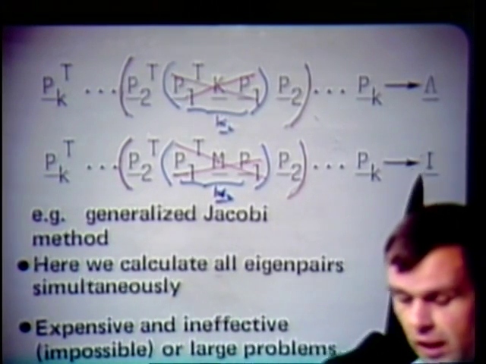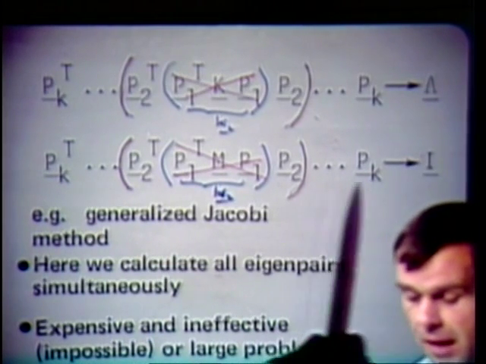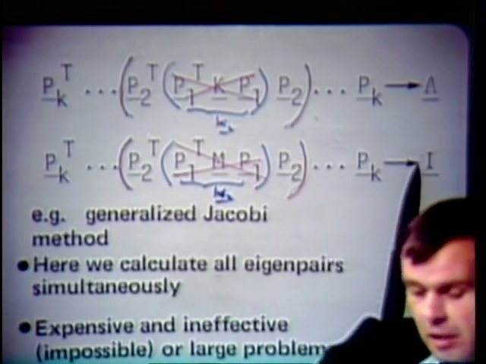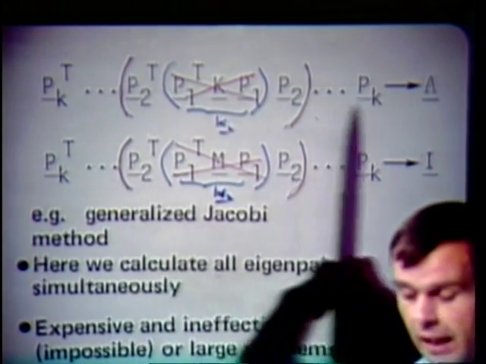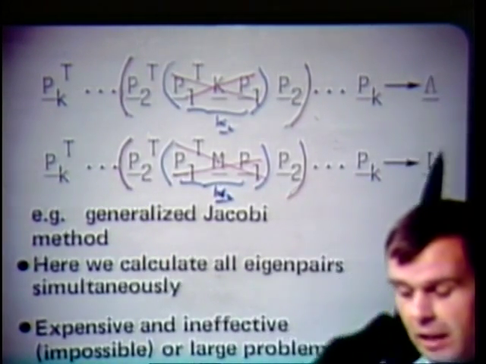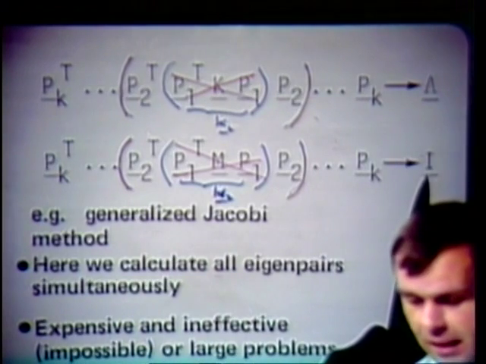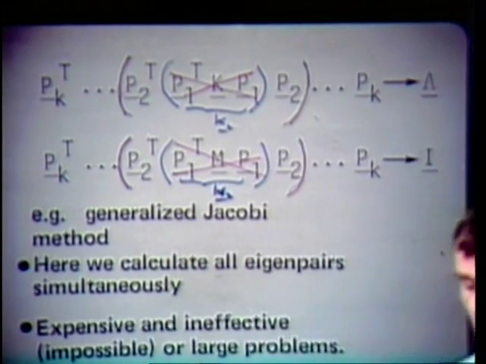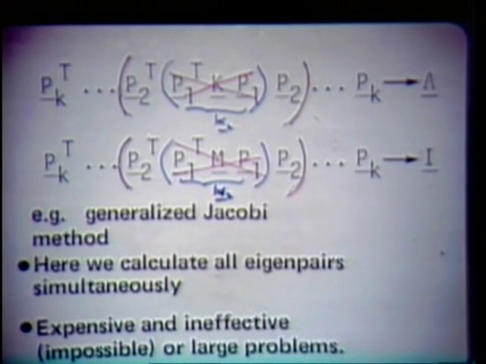It converges, and we get a diagonal matrix here. With proper scaling, it will be the identity matrix. And here we are getting also a diagonal matrix. And if this is an identity matrix, this will actually be the matrix storing the eigenvalues. Well, this is the generalized Jacobi method here.